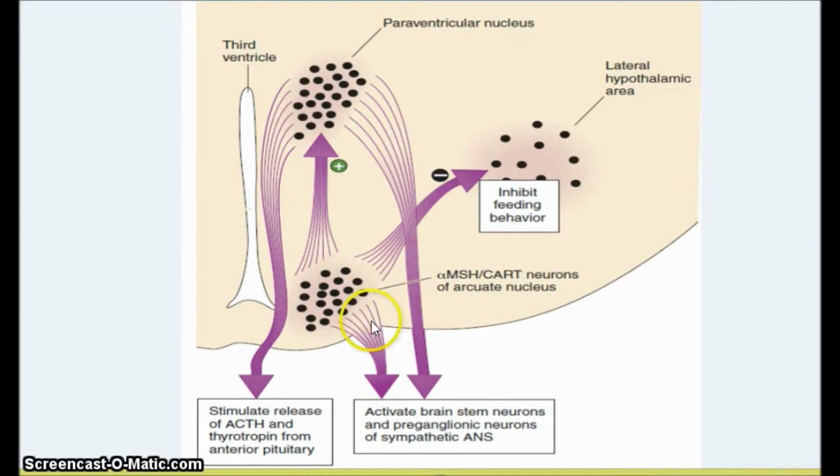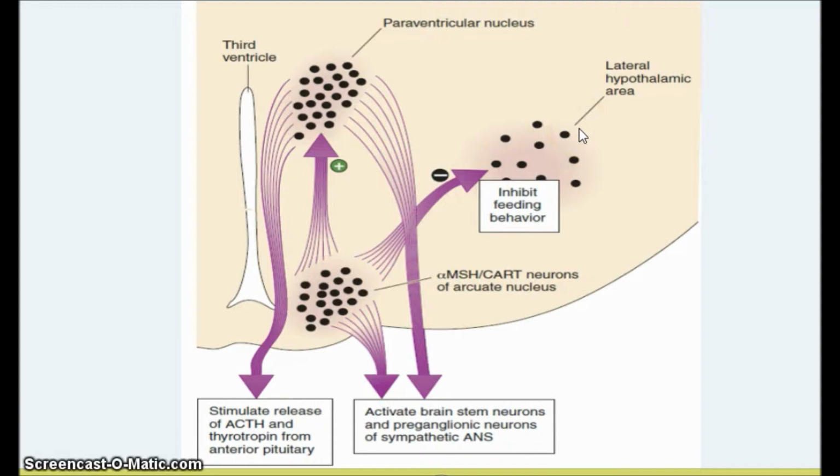So basically, when leptin binds in the arcuate nucleus of your hypothalamus, the arcuate nucleus is now going to release these two molecules called alpha MSH and CART. So alpha MSH and CART will now inhibit the lateral hypothalamic area.